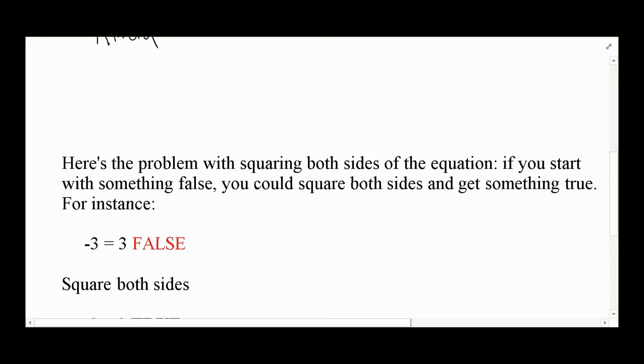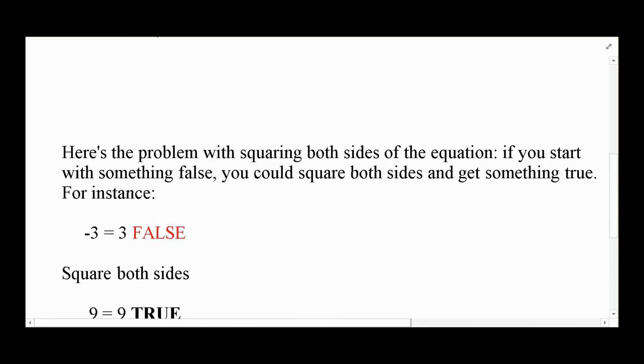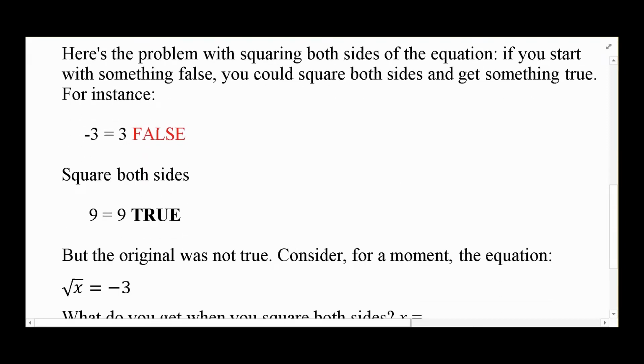That's a problem. Just to exemplify this, what if I started off with the equation negative 3 equals 3, which isn't really an equation because it's false? But what if I took this not true equation and squared both sides? Well, negative 3 squared is 9, and 3 squared is 9. I end up with something that's true.